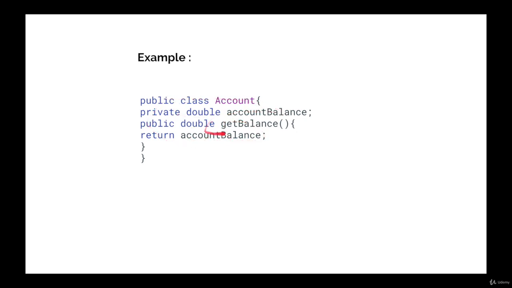Account balance is only accessible from this particular method called get balance, and in get balance method you can write whatever rules you want to return the account balance. This is nothing but the example of data hiding in Java.